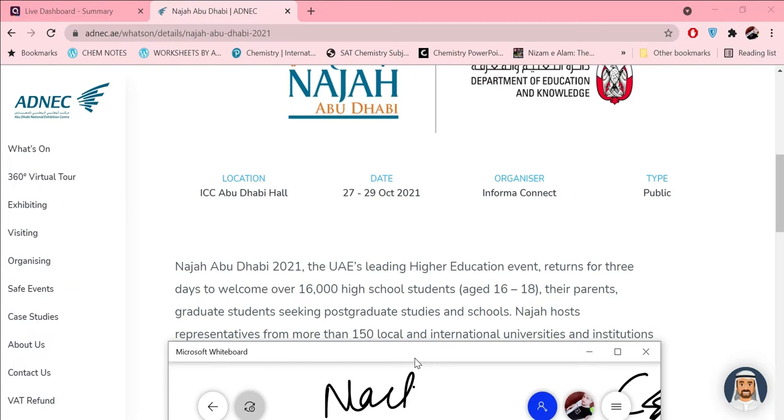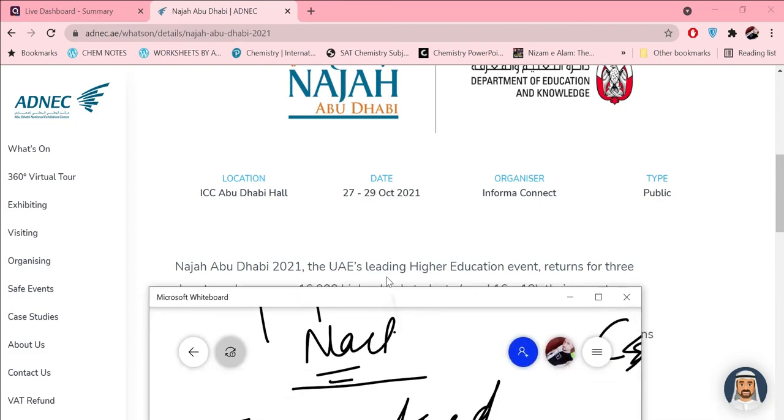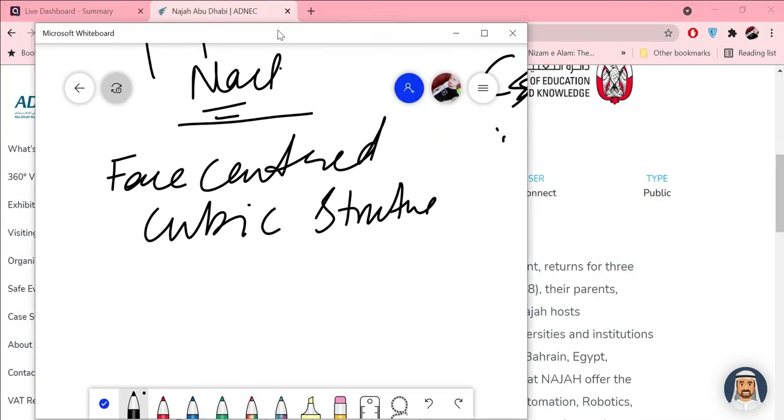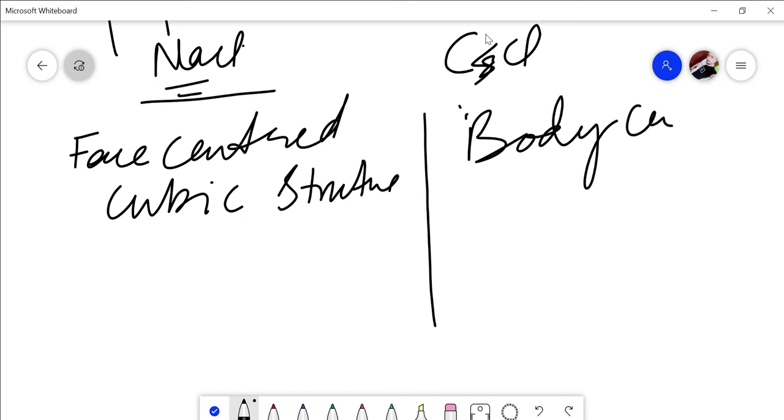Cesium chloride is the body-centered cubic structure.